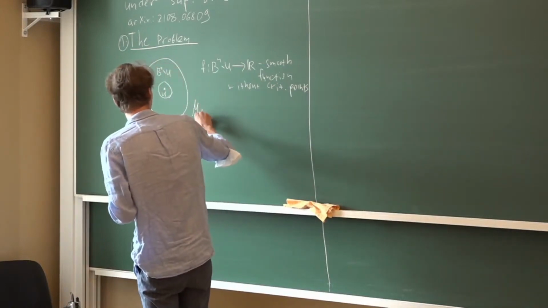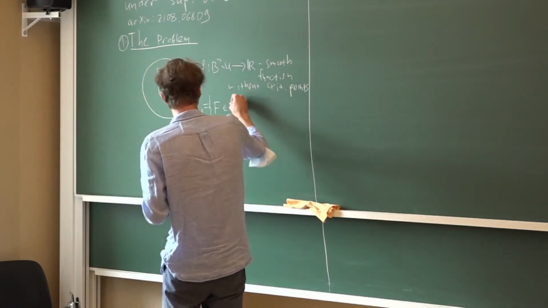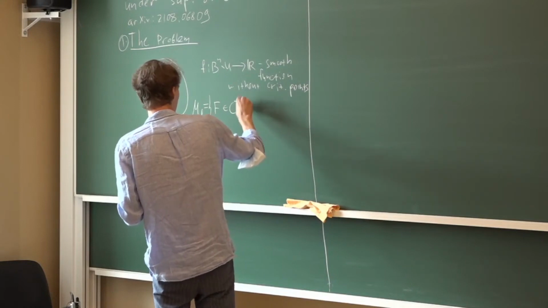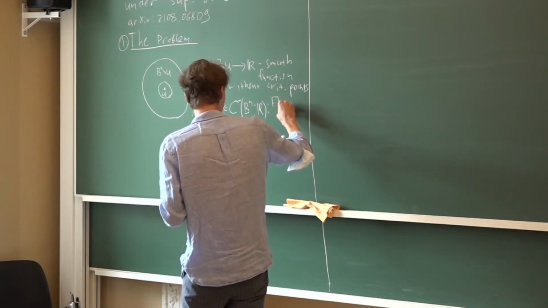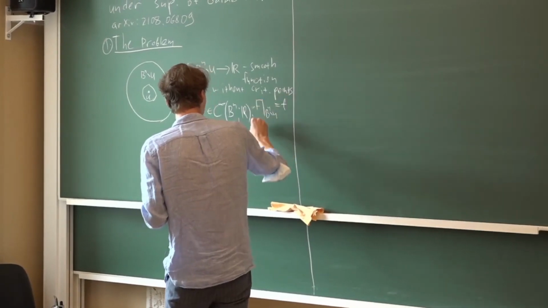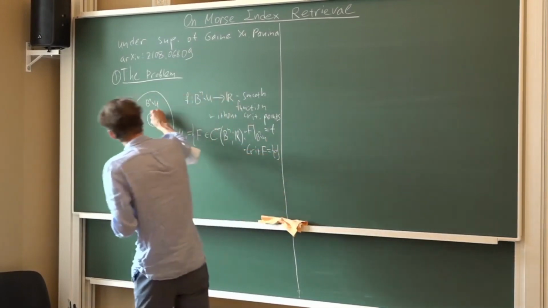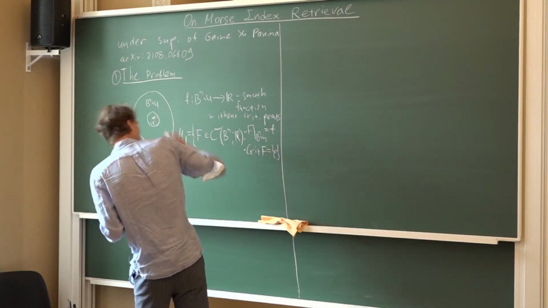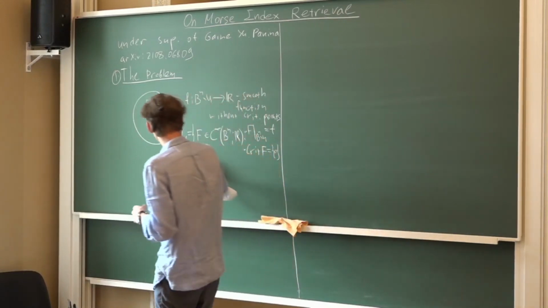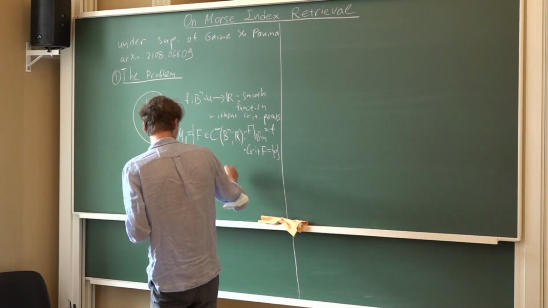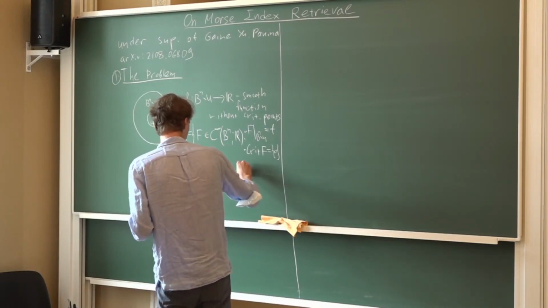Let us consider the space of all smooth extensions of our function f to the whole unit ball, such that, first, they are extensions; second, they have a unique critical point, which is at the origin; and third, the critical point is non-degenerate, so the form of second derivatives at this point is non-degenerate.